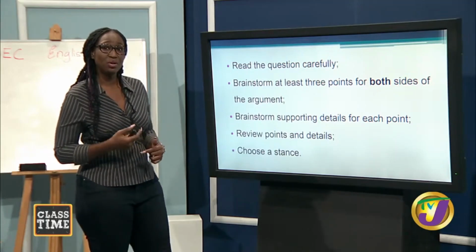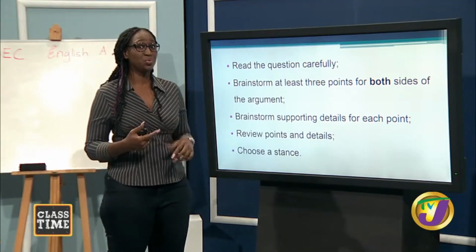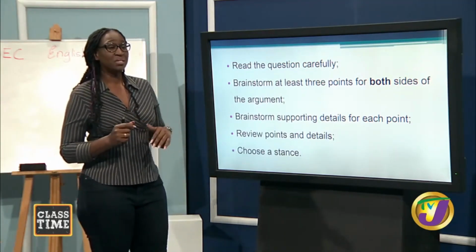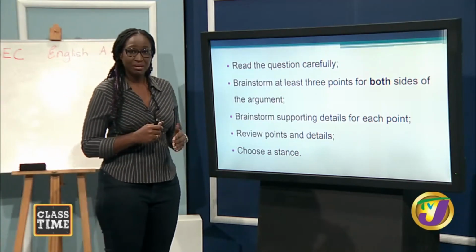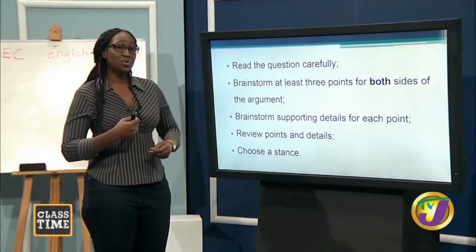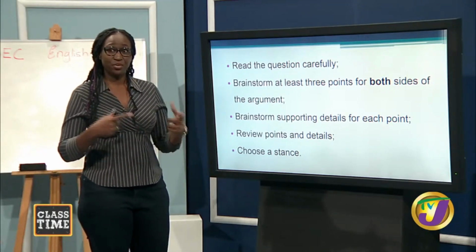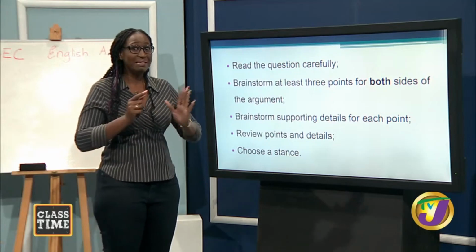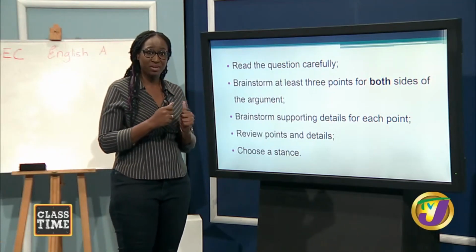And after you have done all that, then it is very easy now for you to choose a stance, because you have to pick a side. You have to either be supporting it or opposing it. So even if you're told a scenario like give your views, you still have to be leaning towards one side more than the other.